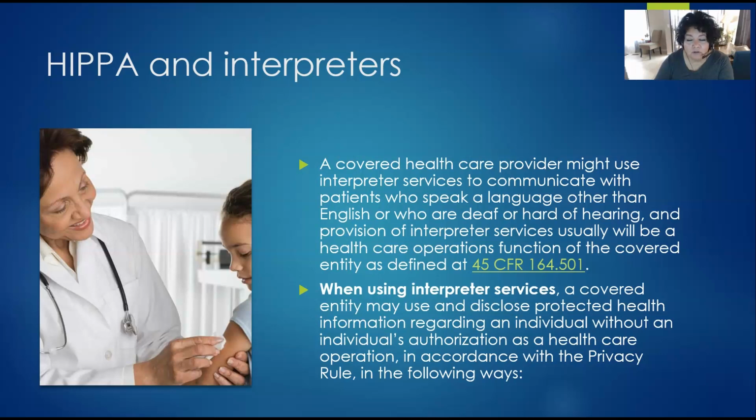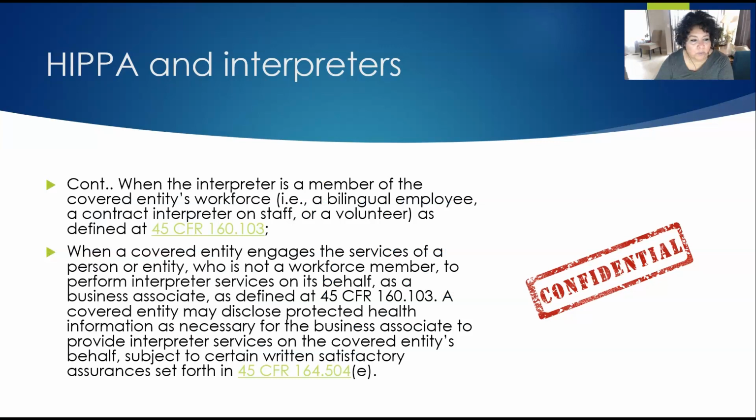When using interpreter services, the covered entity may use and disclose protected health information without an individual's authorization as a healthcare operation in accordance with the privacy rules in the following ways.